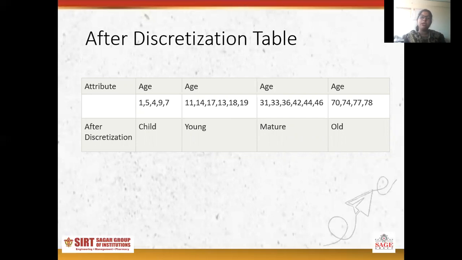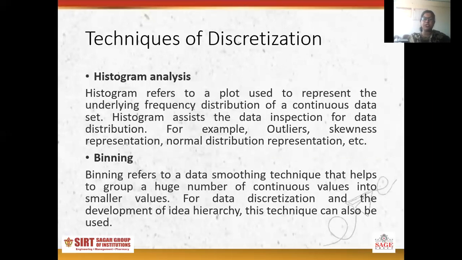And for old, 70, 74, 77, 78. So we can say that for the given numbers, we have discretized those ages with categories. Right? So this we can say is a supervised discretization.